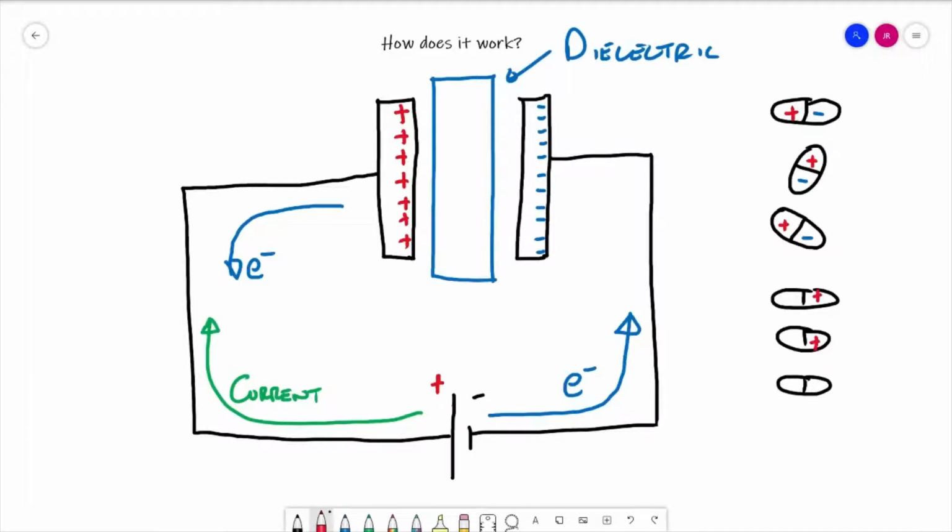So positive, positive, positive, and negative, negative, negative. So we can see that when we get all the positive ends of the molecules to line up and all the negative ends of the molecules to line up, that is known as polarised. Up the top then we have non-polarised.